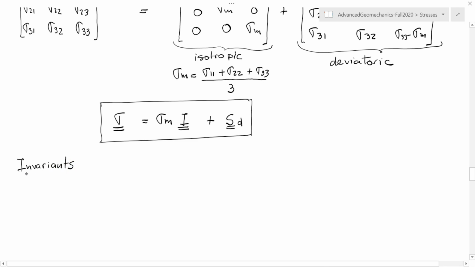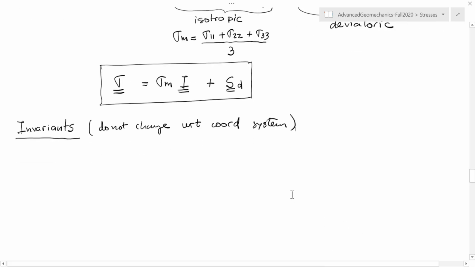And the definition of the invariants, we have 3 invariants for any stress tensor. They are called invariants because they do not change with respect to the coordinate system, and no matter which coordinate system that we use, these values are going to be always the same.